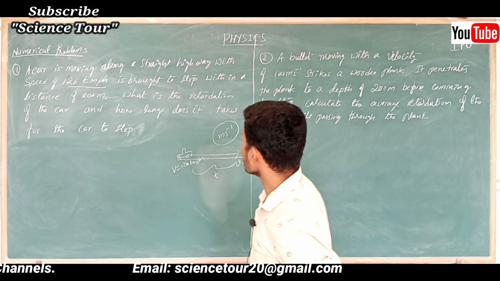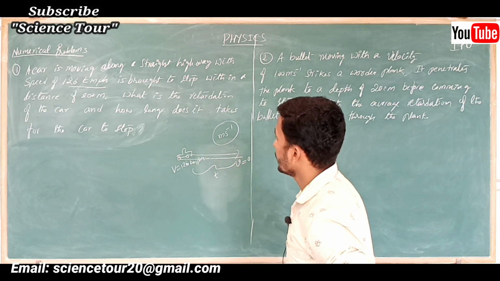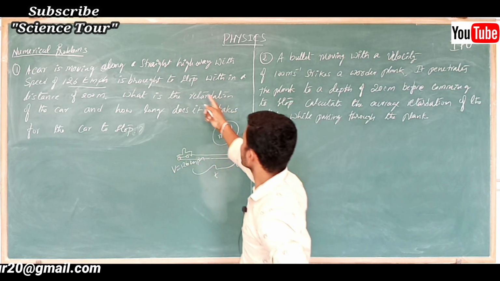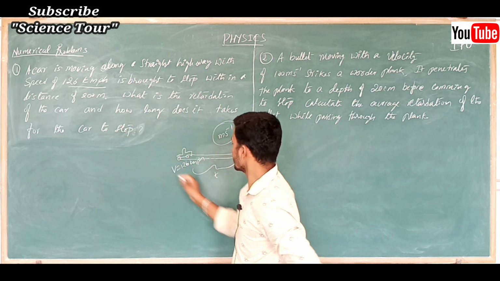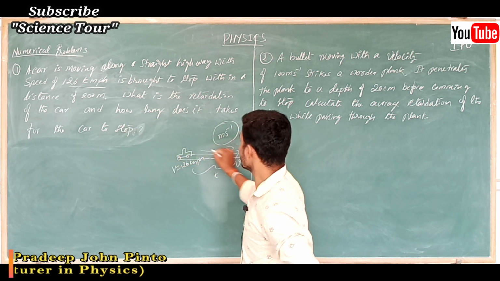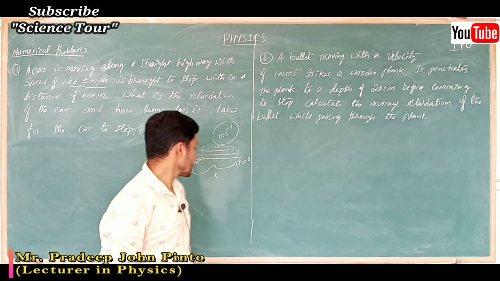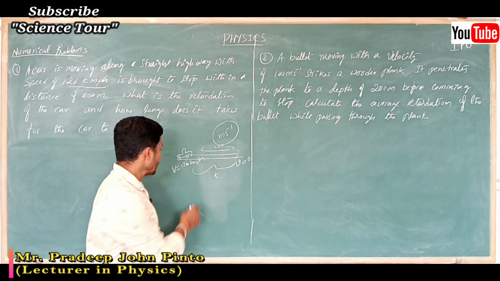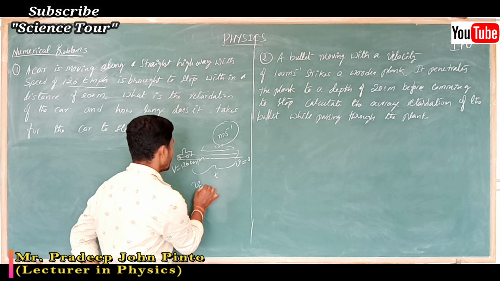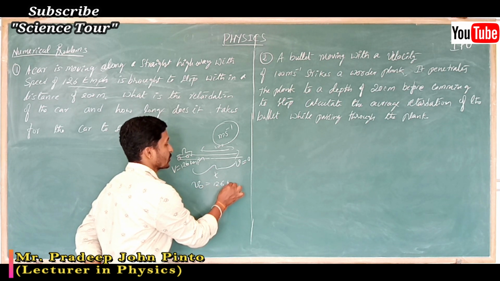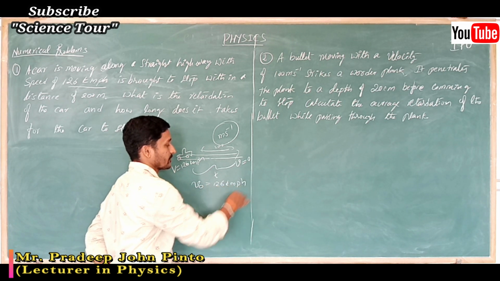Now we are given the stopping distance, that is, it stops within a distance of 200 meter. So it will travel 200 meter and after that it will stop. So what was its initial velocity? Initial velocity is 126 kilometer per hour.